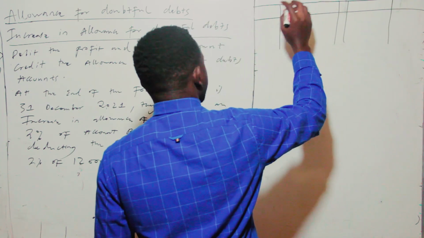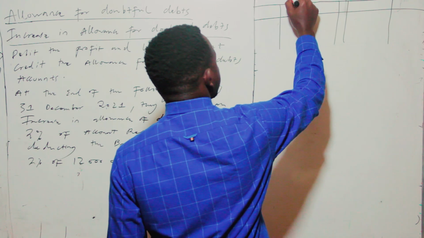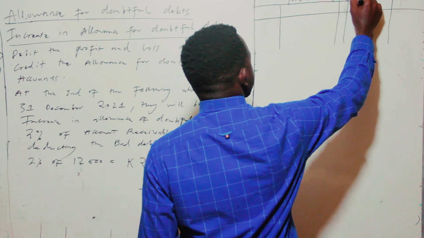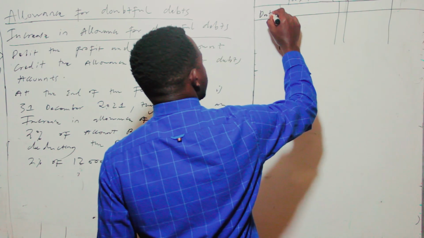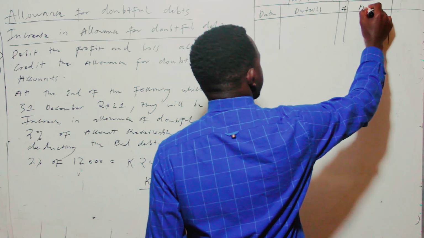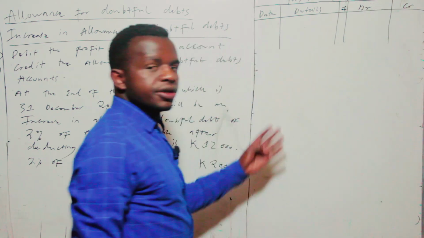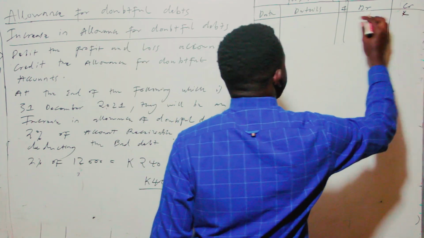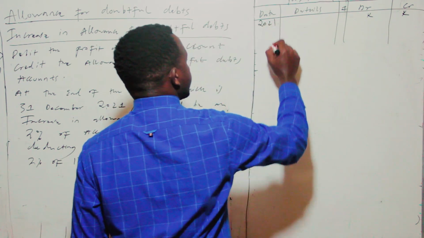So the first one, we're going to have the profit and loss account. So we're going to say date, details, folio, debit and credit. So we're having our kwacha there, the year is 2021.